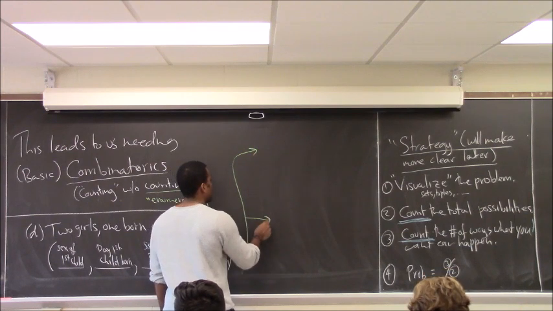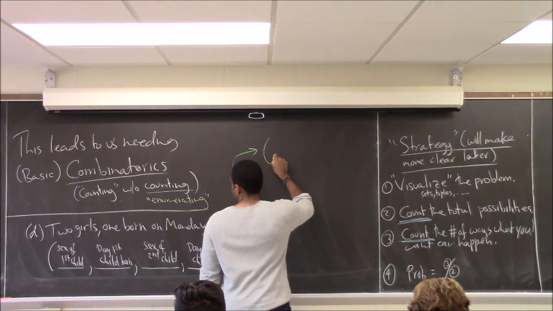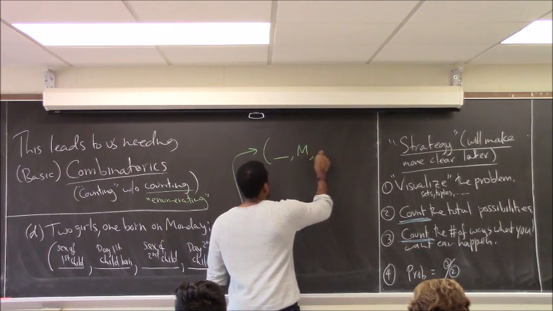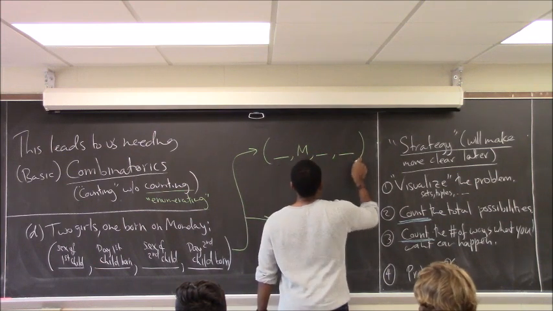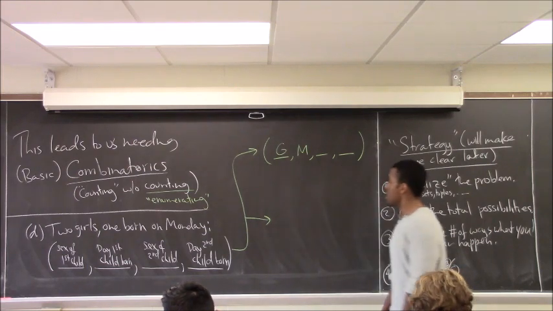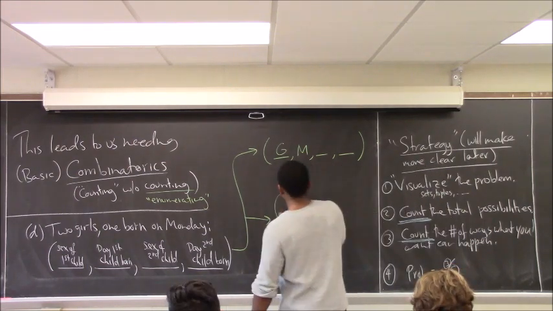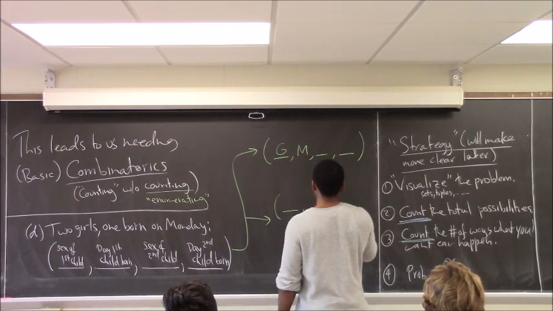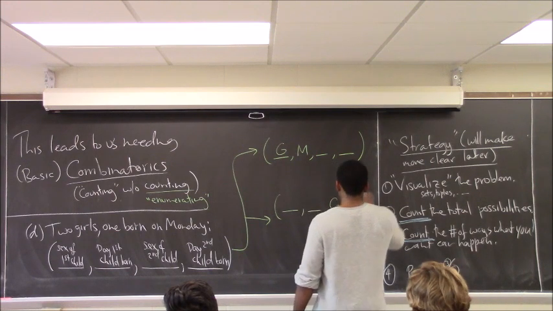Now you are told that one is born on a Monday, which means you would have 2 sets of situations to count. Either you would have dash M dash dash, you know that one is a girl born on a Monday, or we have dash dash girl born on a Monday.